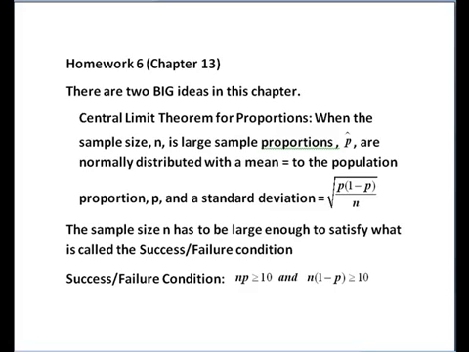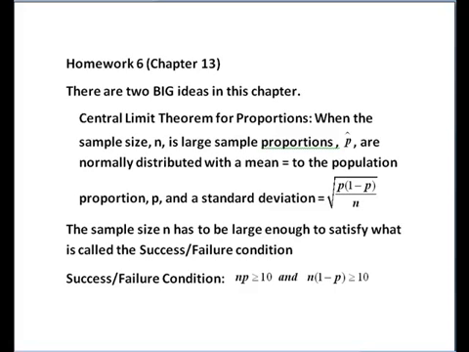The first one, the central limit theorem for proportions, states that when the sample size n is large, then the sample proportions are normally distributed with a mean that's equal to the population proportion p and a standard deviation of the square root of p times 1 minus p over n.